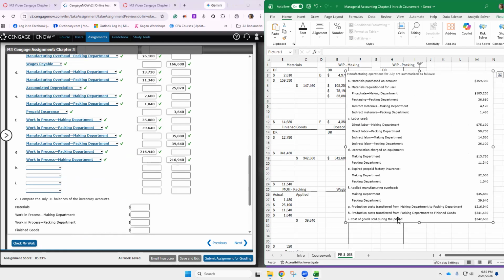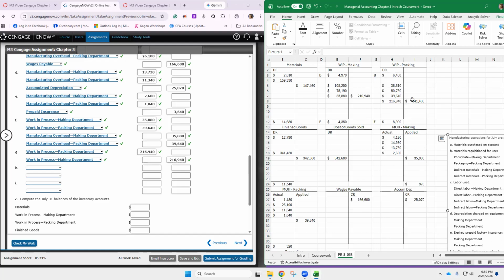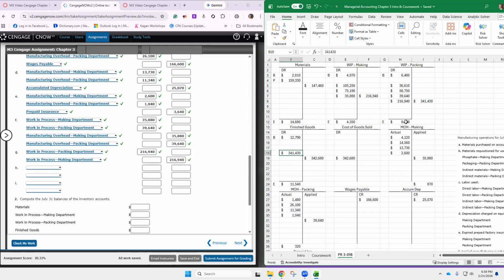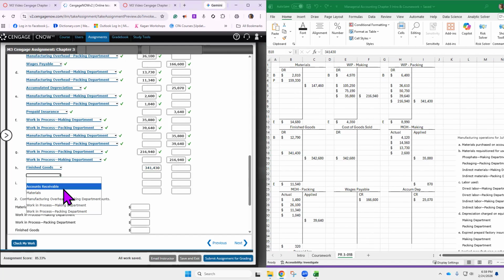H is production costs transferred from the packing department to finished goods. So out of the packing department and into finished goods goes 341,430. So it's going into finished goods because they're done. Okay, those can be sold now. And then it's coming out of work in process packing. Okay, the last one is cost of goods sold.